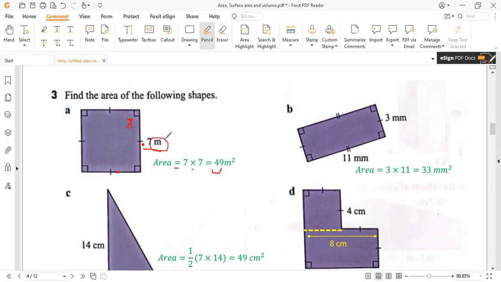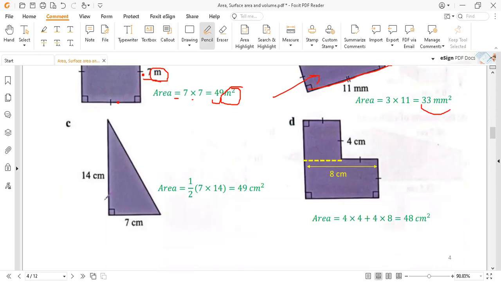The unit of length is meters, so the unit of area is meters squared. We have a rectangle: length by breadth equals 33 millimeters squared. This is a triangle, so half of base by height equals 49 centimeters squared.